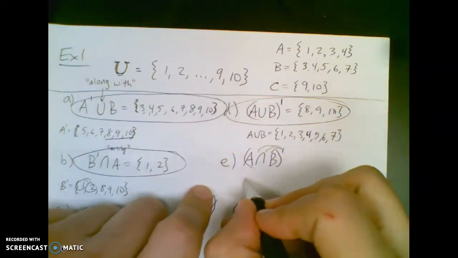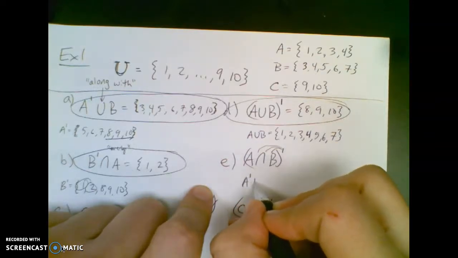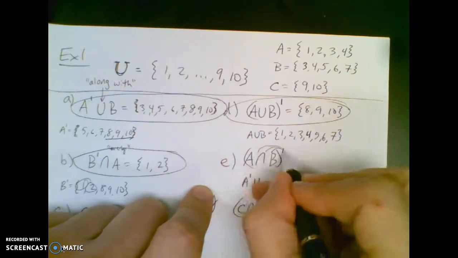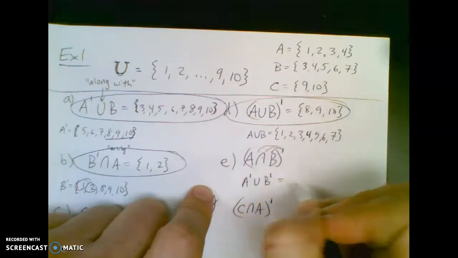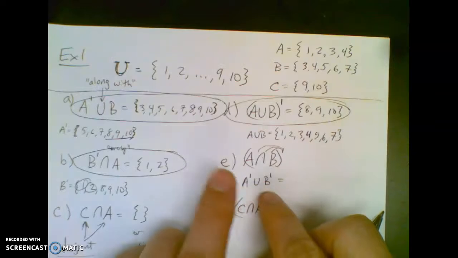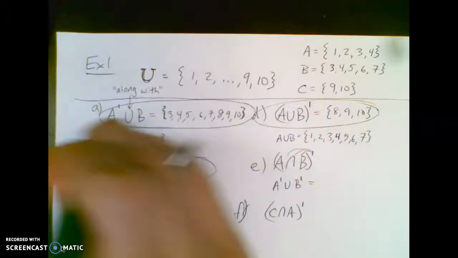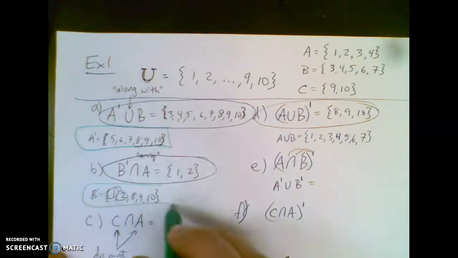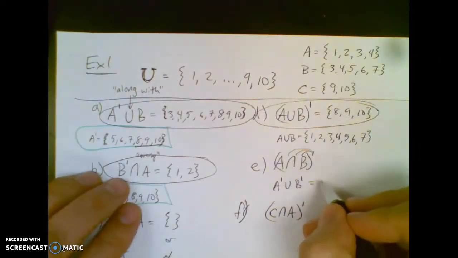I want to say, okay, wait, that's the same as A naught unioned, because it changes the symbol from an intersect to a union, and it changes the B to B naught. It's called DeMorgan's laws. Now I can put together everything from A naught along with everything from B naught. Now if you remember, here's A naught, here's B naught, right? I'm going to union them together. That means collect everything new.